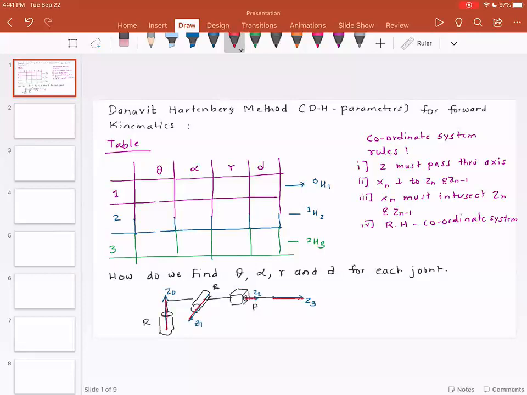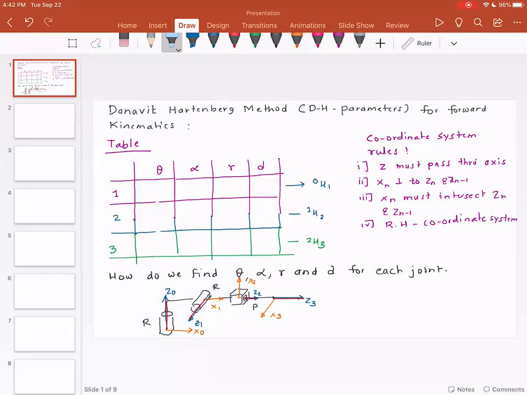Then you use the rule for X. Here this is X0. Then here it is X1. Then here it is X2. And here it is X3. Now, one thing I want you to note is X0 has to be perpendicular to the current frame and the previous frame. There is no previous frame. X1 has to be perpendicular to the current Z1 and the previous Z0, and it needs to intersect.